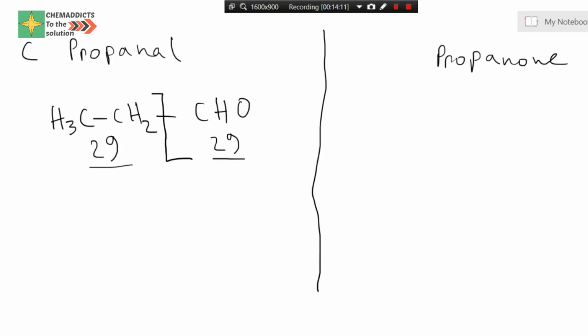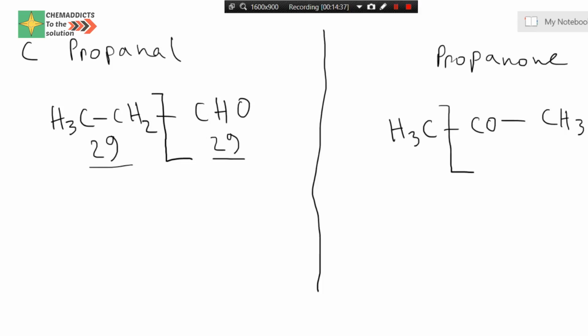Now let's try to fragment the propanon, a member of the ketones. Let's at first draw the structural formula of this molecule, H3C CO CH3. Now let's split this molecule just like before.